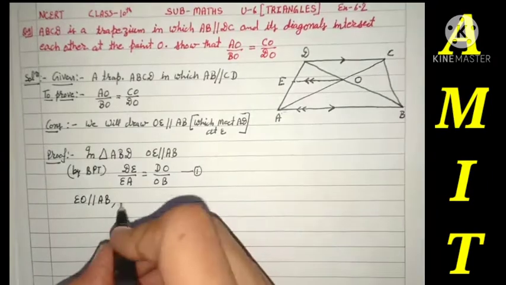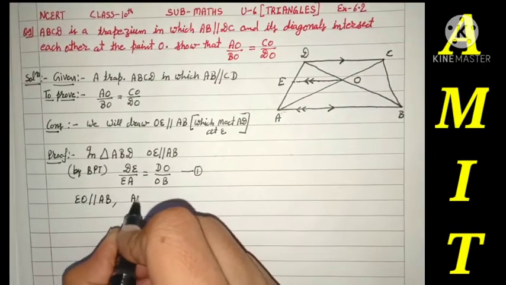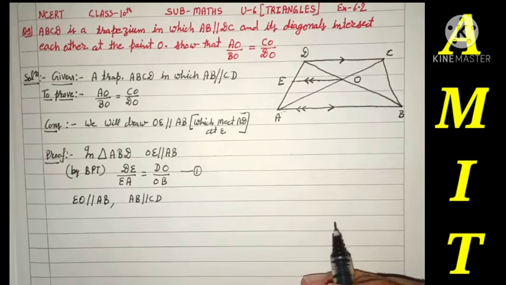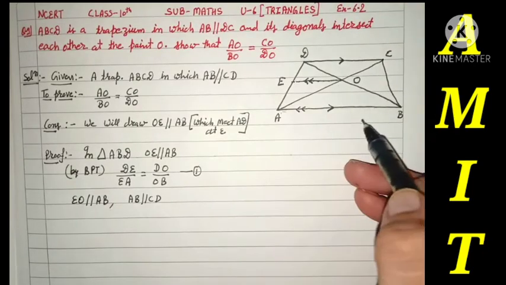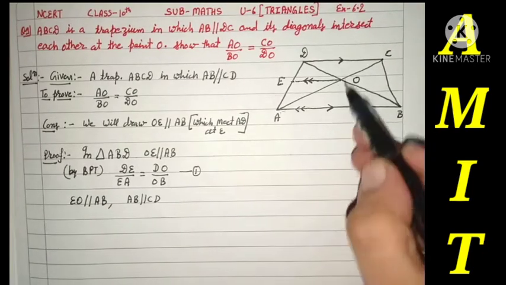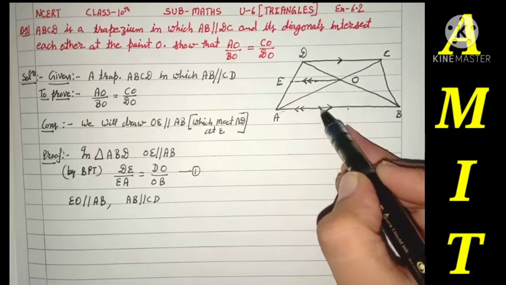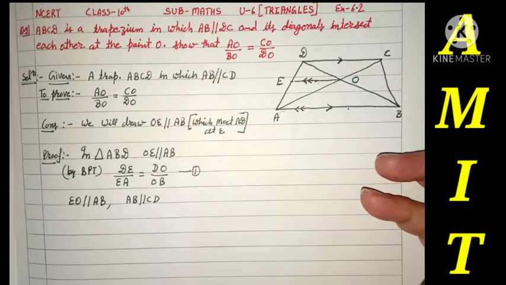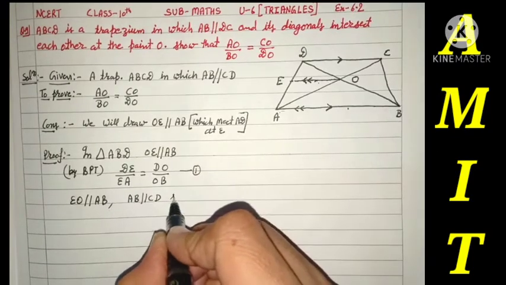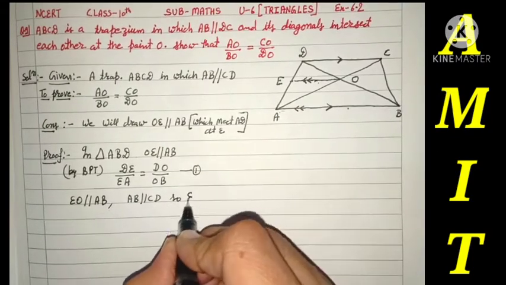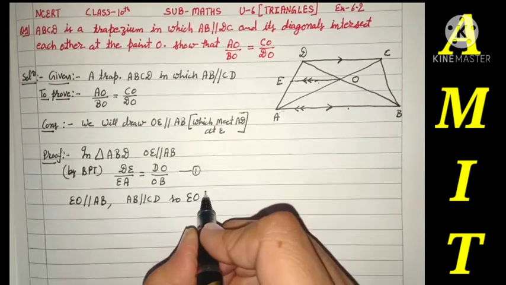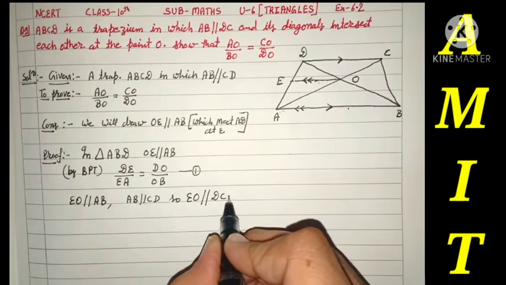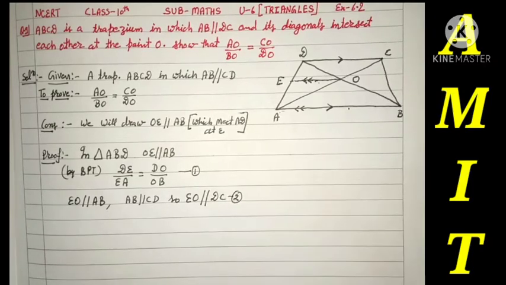We know if two lines are parallel to the same line, they will be parallel to each other. So we can say EO is parallel to DC. Let's say this is equation number 2.